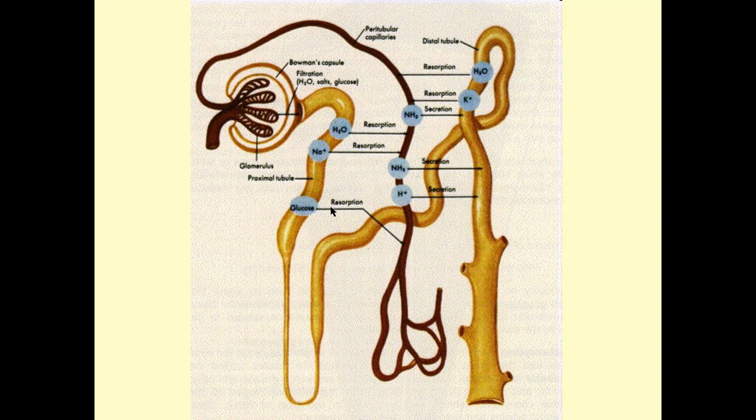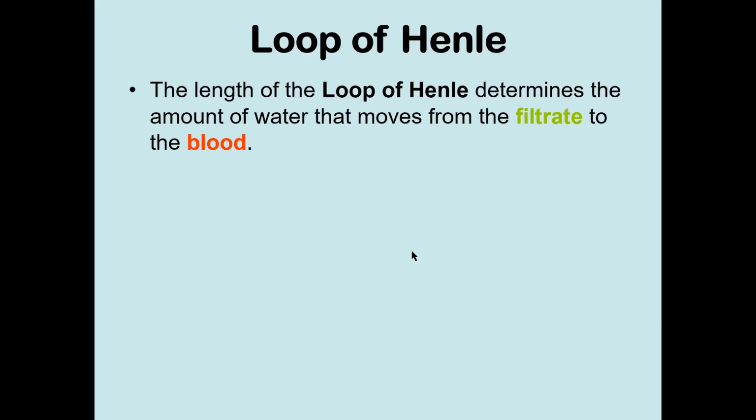So by moving in and out through here, and H, by the way, is hydrogen, that's the acid, it keeps the balance of the acid right through this whole thing. If you're not sure, NH3 is ammonia. K+ is potassium. That's water, H2O. Sodium is Na+. And of course, you get glucose.